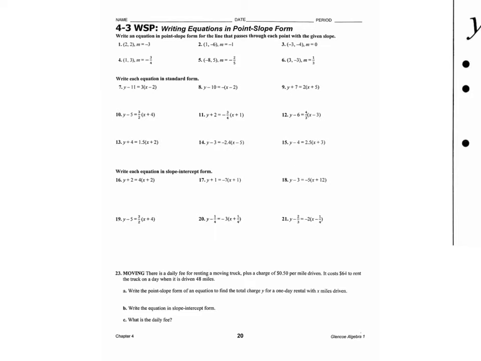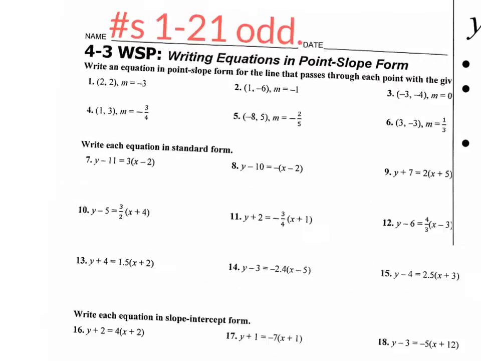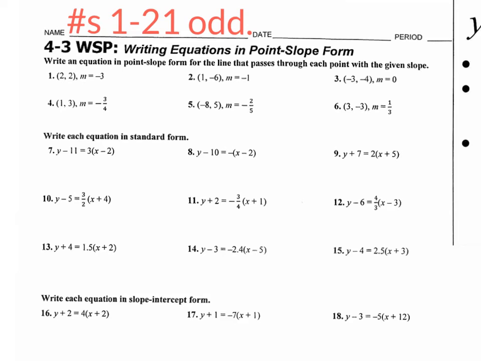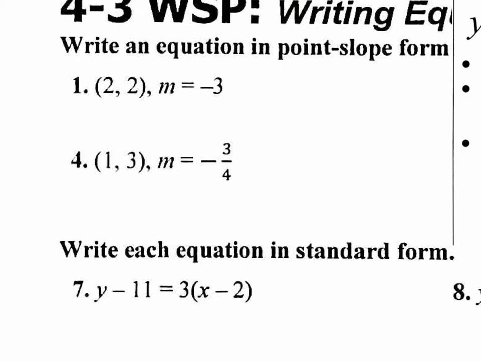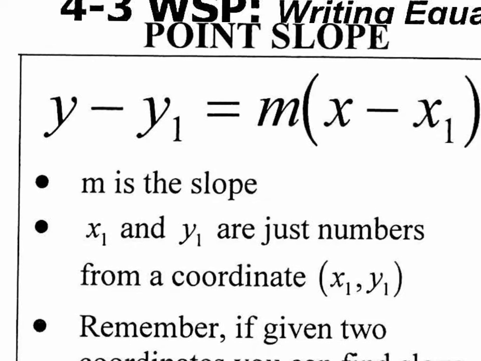So on this homework, we're going to be doing 1 through 21 odd. And the beginning part of this homework says, write an equation in point slope form of the line that passes through each point with the given slope. Okay, so on number 1, they give you a point and they give you a slope. So all you have to do is write it in point slope form, which is y minus y1, I'm going to put in red, equals m, I'm going to put in blue, times x minus x1.